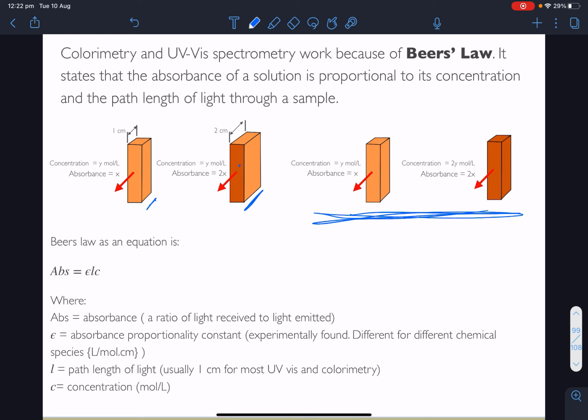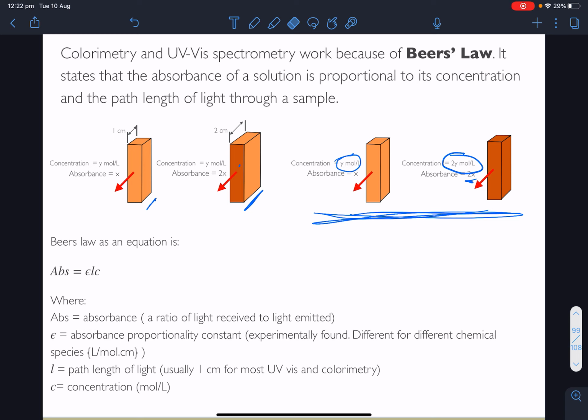Here we've both got 1 centimeter cuvettes. The size of the cuvette hasn't changed, but what we've done is doubled the concentration. So instead of some y value, it's now 2y. Notice that the absorbance is now doubled. The absorbance was some x value here, and now we've doubled the concentration, the absorbance has doubled as well. So I've done it in the darker orange.